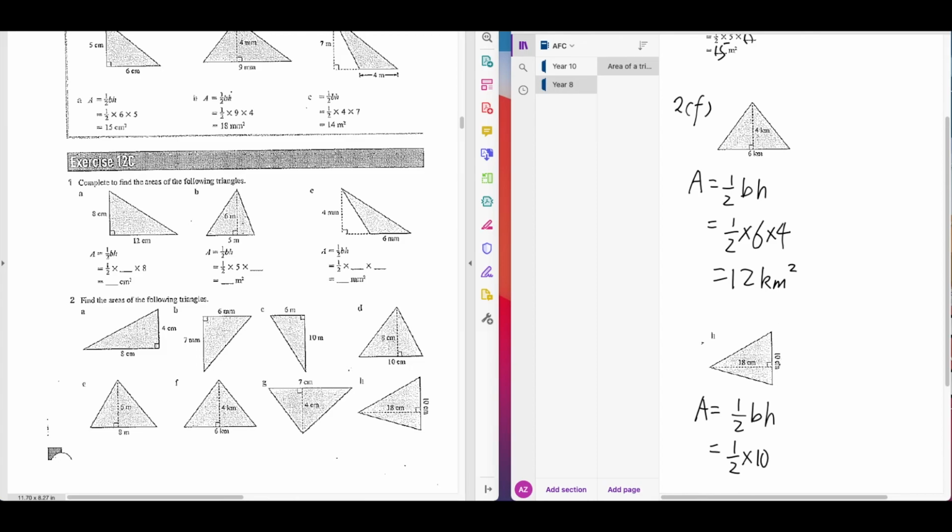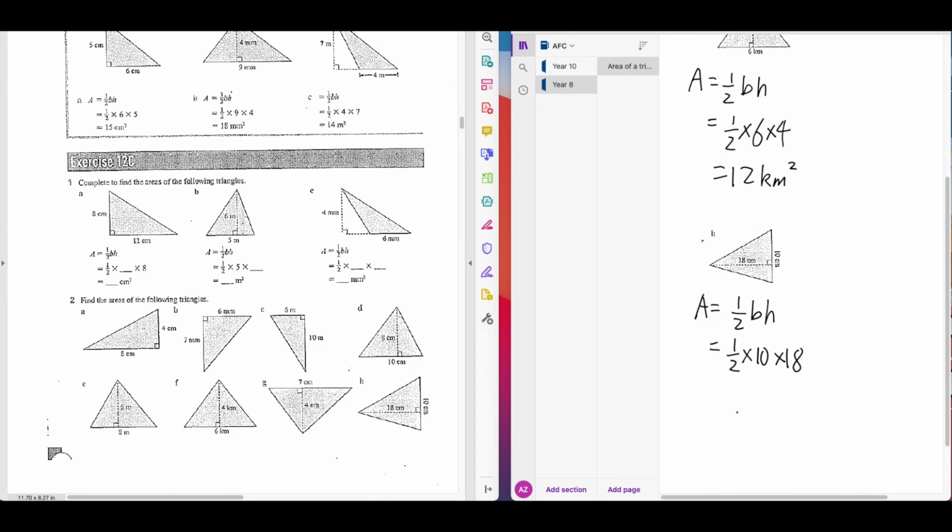Now, to find the height, you find the line that forms a 90-degree angle with the base. So in this case, it's the 18. Once you figure this out, you can just type this into your calculator. You should get 90 centimeters squared.